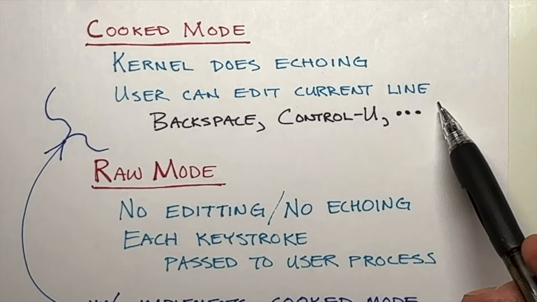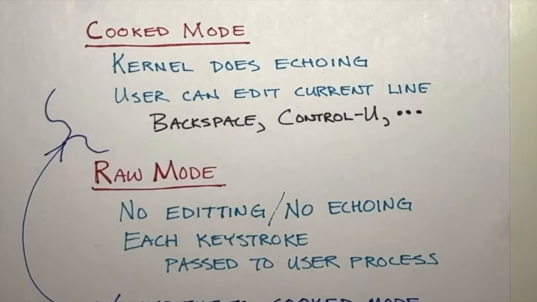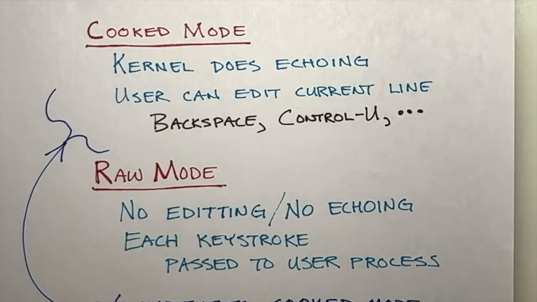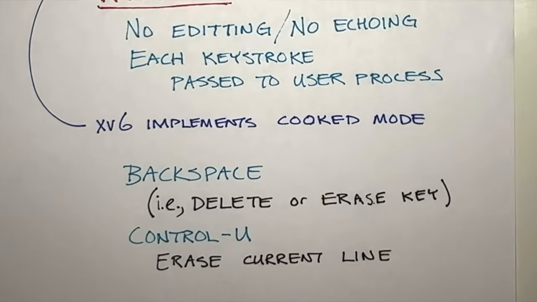And to support this editing, the kernel buffers the entire line until the return or enter key is pressed. In raw mode, each keystroke is passed to the user process immediately, and the user process is responsible for everything, including echoing. xv6 implements only cooked mode.